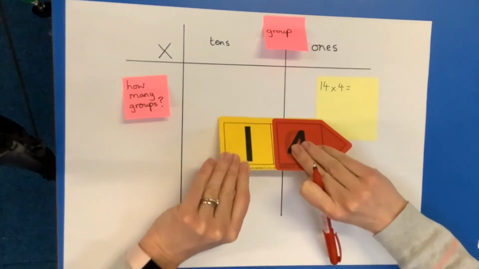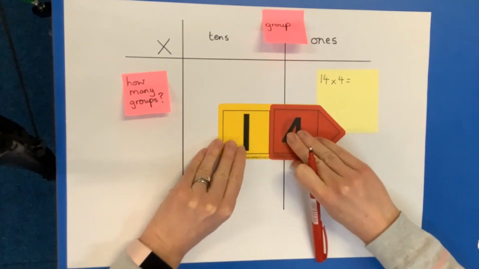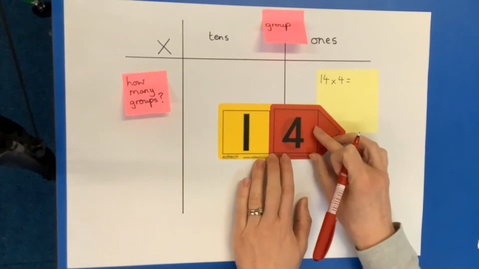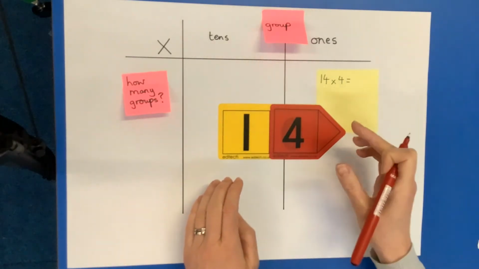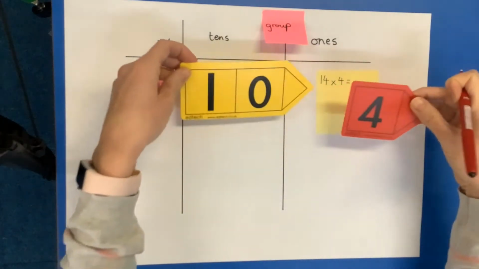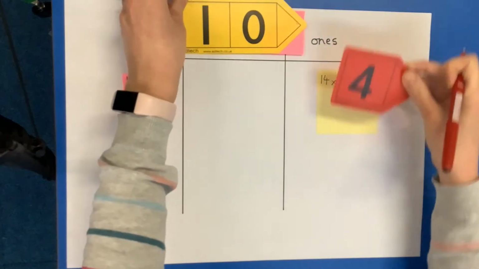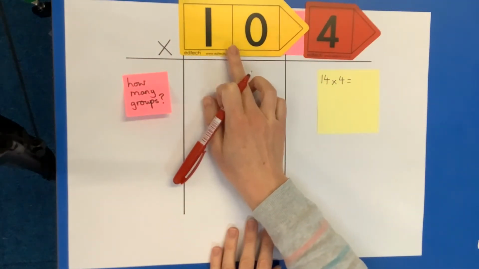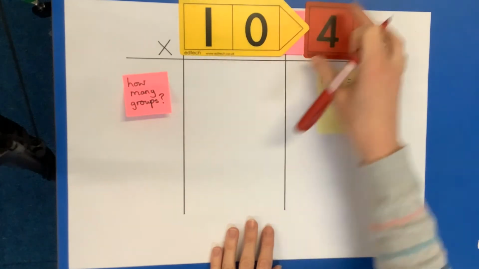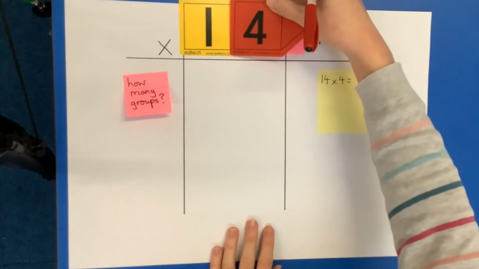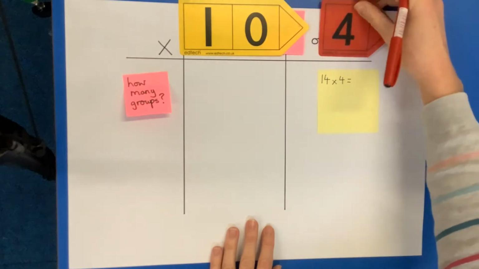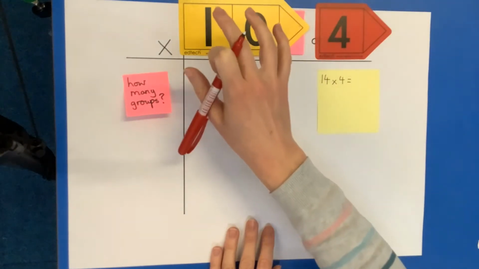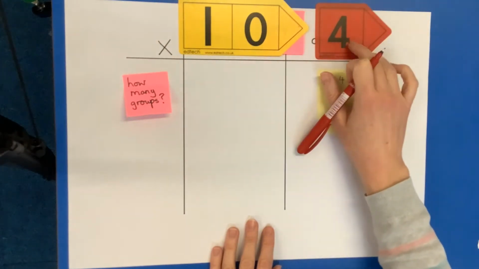Now, just a quick bit of a reminder about place value. If we have the number 14 and we split it into its component parts, that is 10 and 1. So we have got 1 ten, which is the same as saying 10, and we have 4 ones. So 14, split into its tens and ones, we have 10, and we have 4 ones.